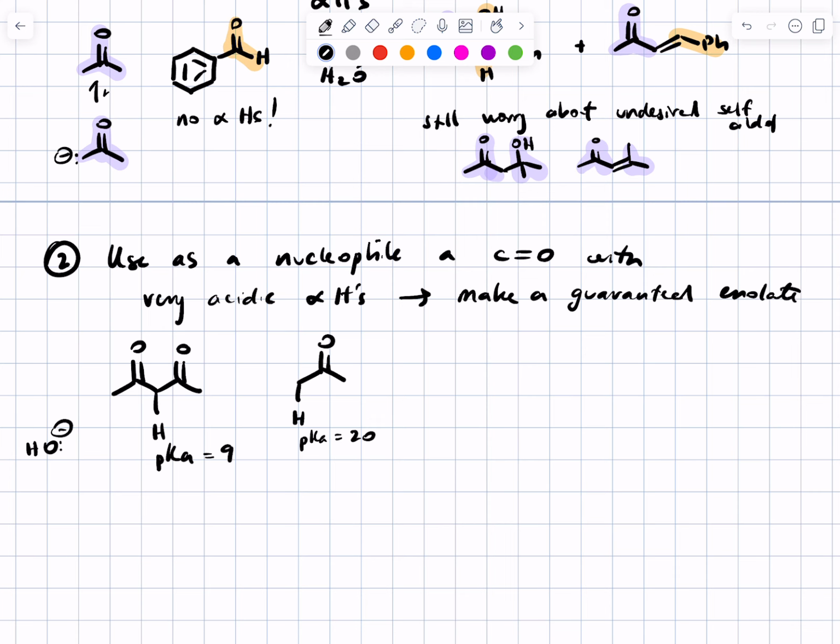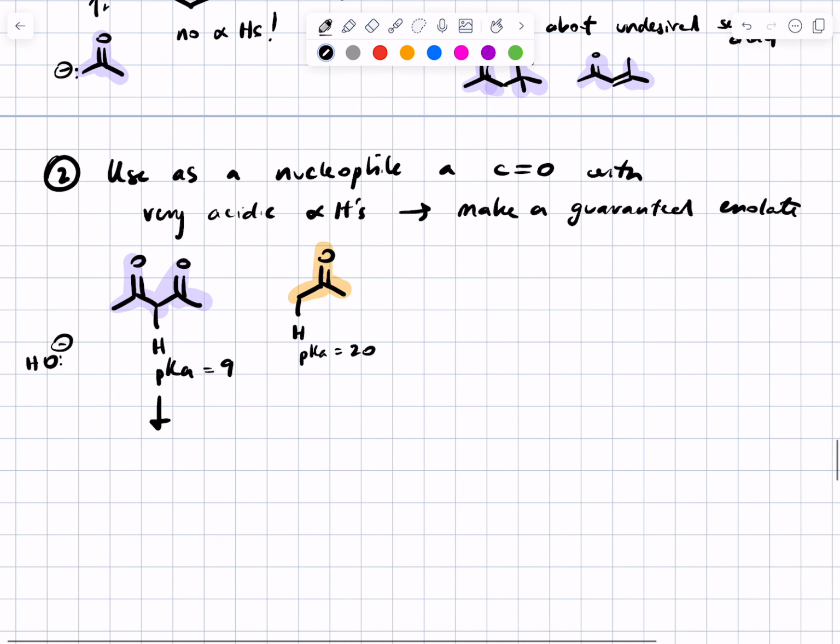You're not going to form any of the orange enolate. You're going to form exclusively the purple enolate because it's easy to remove the alpha proton.